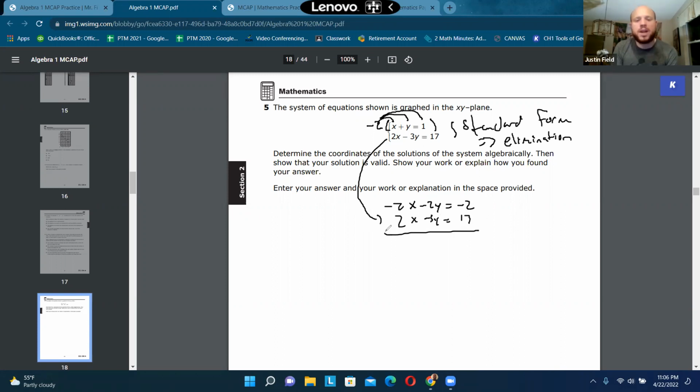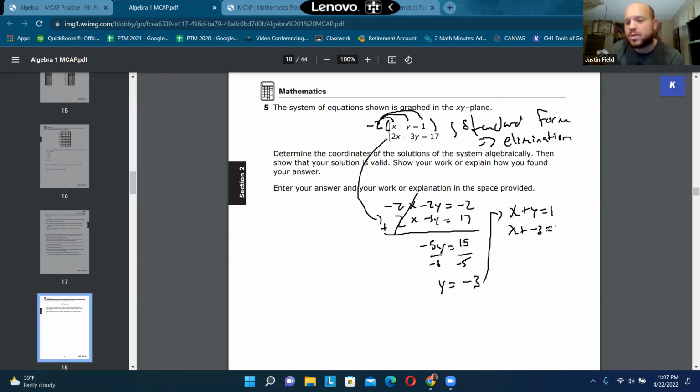And now we're just going to add them together. X's cancel. That makes -5Y, and this is 15 divided by -5. And we get Y equals -3. Now we're going to substitute in for X. So we know X plus Y equals 1. So X plus -3 equals 1.